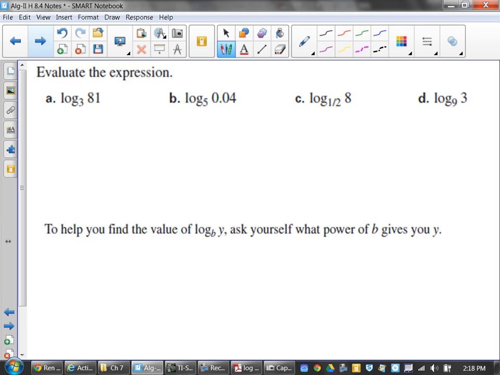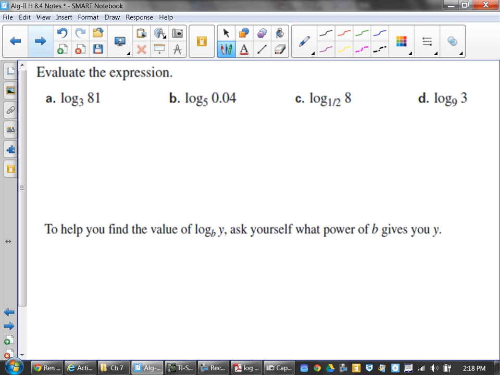So what we're going to do here is figure out these without using our calculators. Does that mean it equals x? Yes, think of it that way. So what I'm saying here is log base 3 of 81. What that is asking you is 3 to what power is 81? 4.